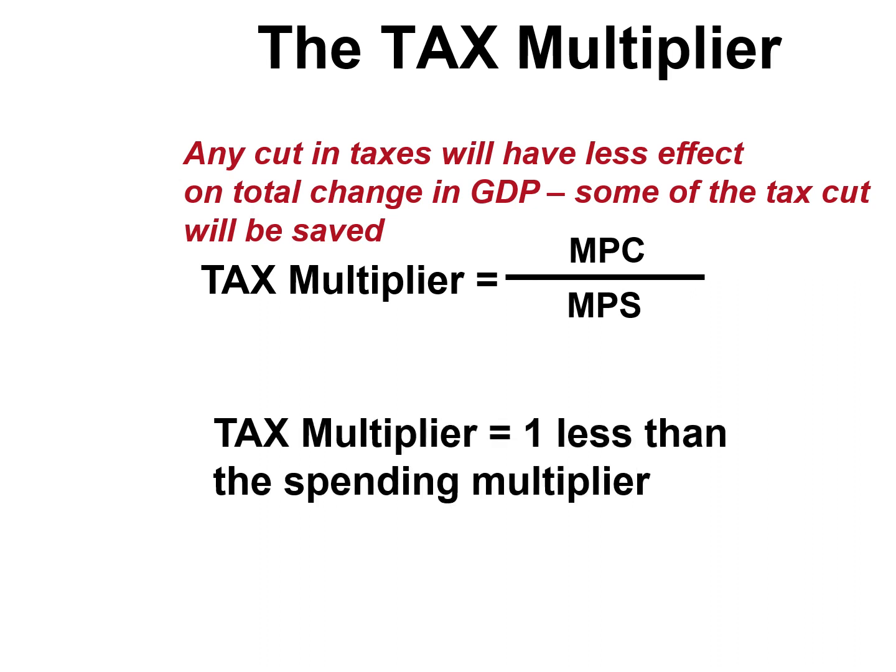Now, there's a formula to calculate the tax multiplier. If we take the MPC over the MPS, we can then calculate the strength of the tax multiplier. So if the marginal propensity to consume is 0.9 and the marginal propensity to save is 0.1, we take 0.9 over 0.1, and what does that work out to be? Well, there's a little trick here.